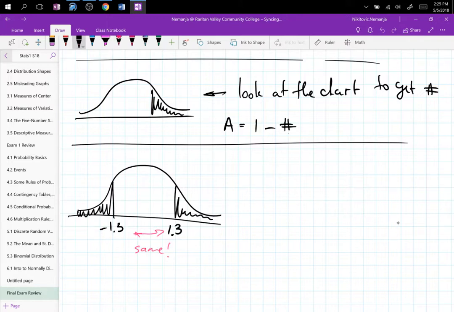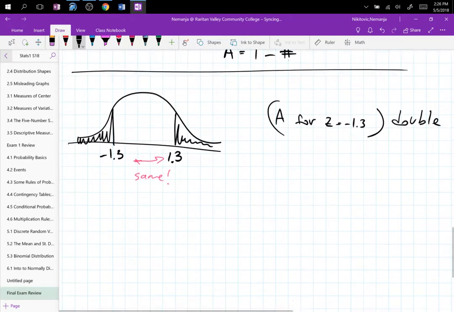So you will figure out the area for z equals negative 1.3, and then you will double it, because you have the same on the other side, since 1.3 is symmetric. And then you multiply that by 2 to get the shaded stuff on the other side.